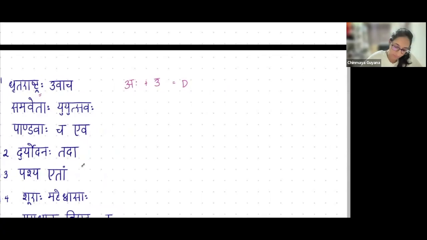So then this becomes Dhritarashtra uvacha, which is what you see in Bhagavad Gita, isn't it? You don't see Dhritarashtraha uvacha. You see Dhritarashtra uvacha because Visarga is dropped.